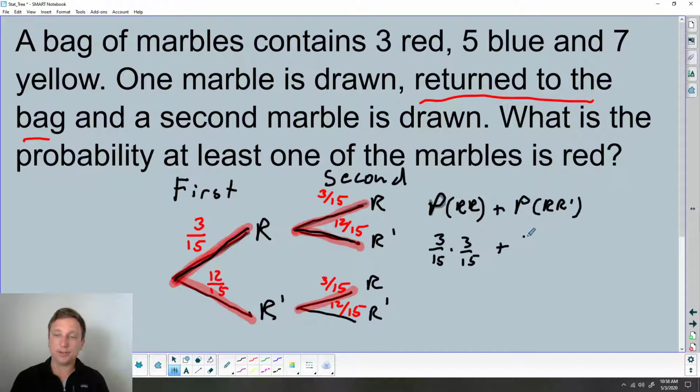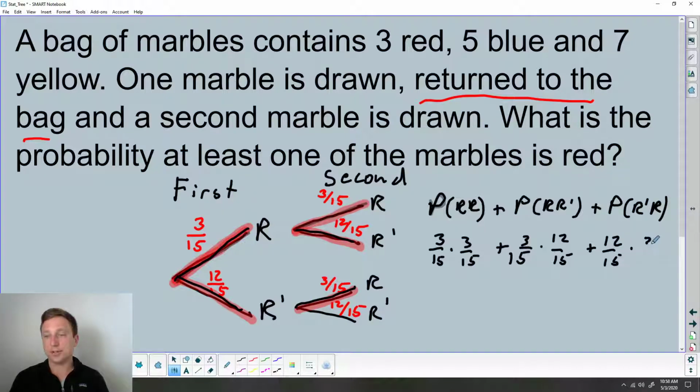So that's 3/15 times 12/15. Or we would have the probability of not red as our first marble, and then red as our second. So that would be 12/15 times 3/15. And just like we did in the last problem, 15 times 15 is 225.